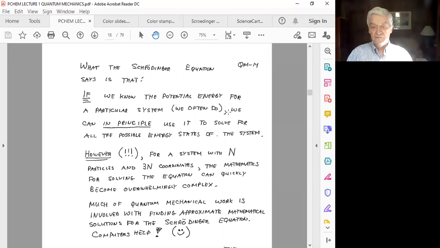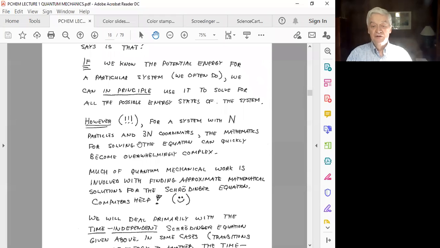So, in principle, this always works. In practice, it depends on how large the problem is and whether our computers can handle it. Nowadays, even big chunks of DNA can be done by the Schrodinger equation, but a lot of times even supercomputers may take days and days to calculate out the possible answers.